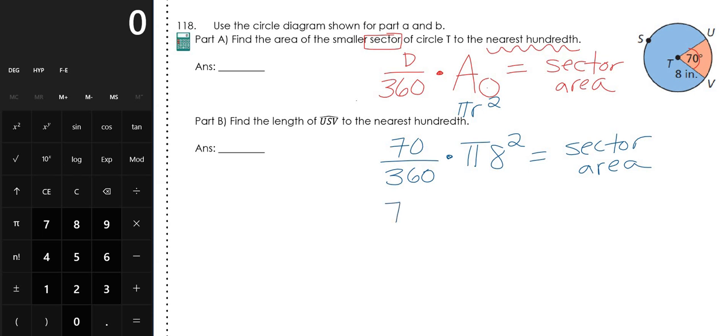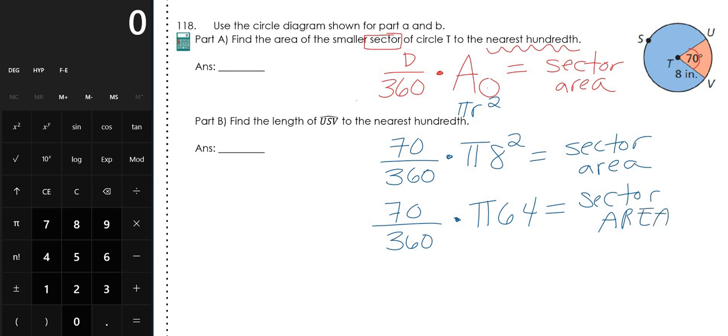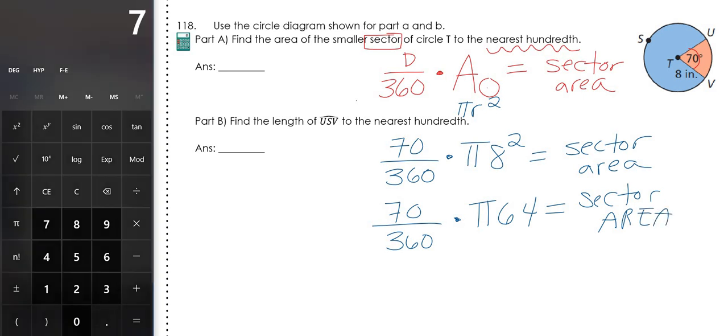So now 70 over 360 times pi times 64, or 64 pi. That's what 8 squared is. The rest of this, I'm going to do in my calculator to get my sector area. So grabbing the calculator, 70 divided by 360 equals. So it's about 19% of the entire circle that we're looking at.